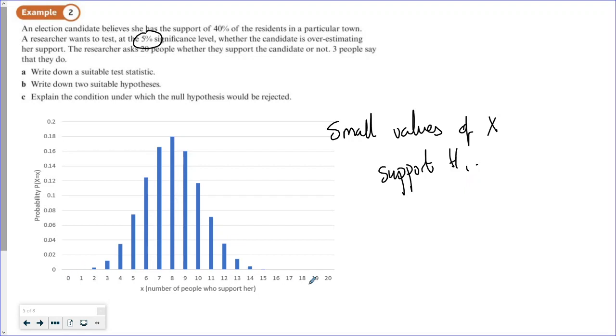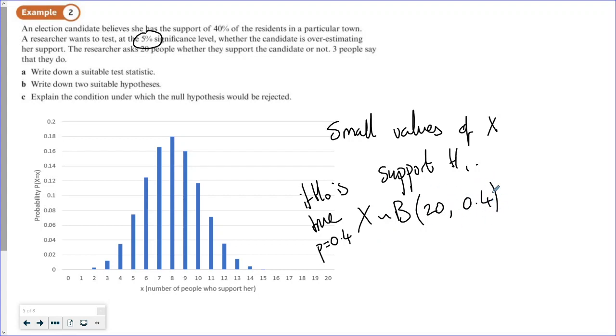Here I've got the binomial distribution. X follows a binomial distribution with 20 trials because we're asking 20 people, and each person can either say they support her or don't support her. So if H0 is true, i.e. when P equals 0.4, then X is going to follow a binomial distribution with 20 trials, and the probability of success, someone saying that they support her, will be 0.4.